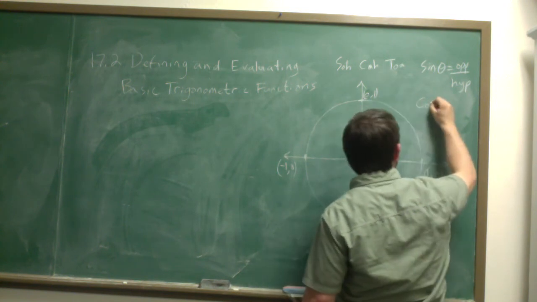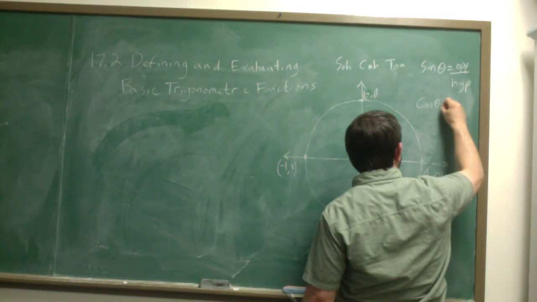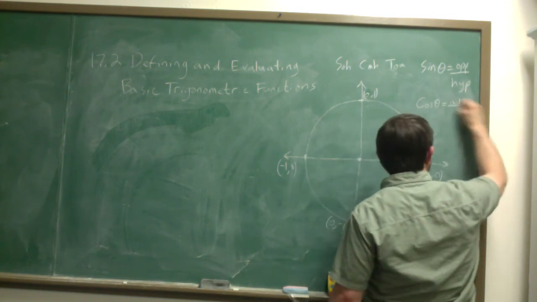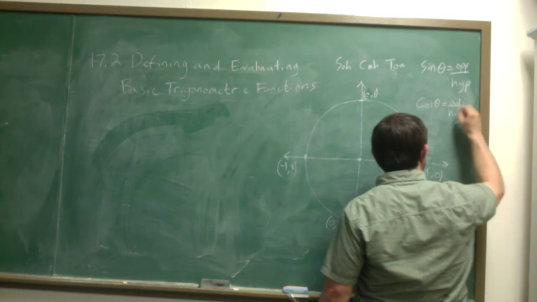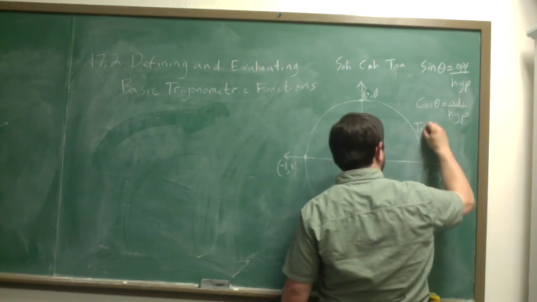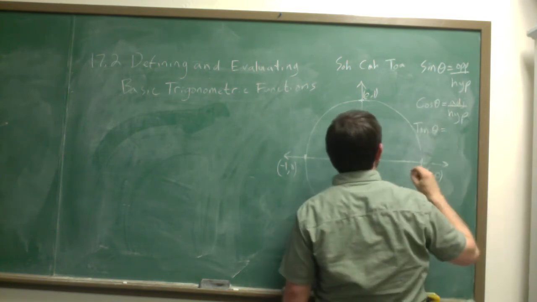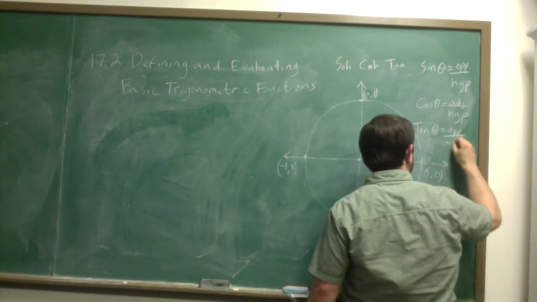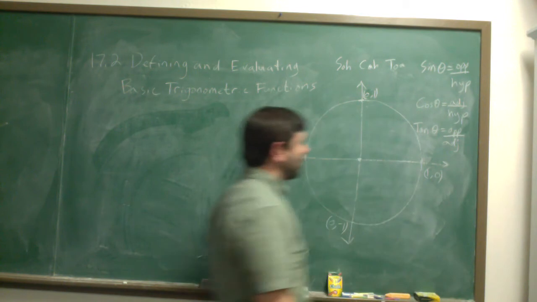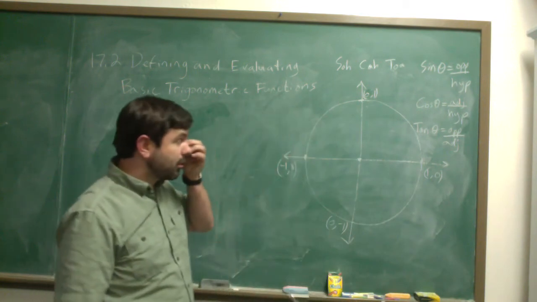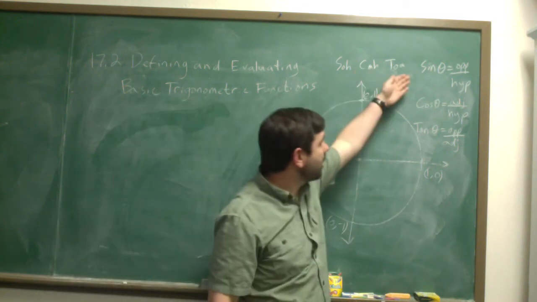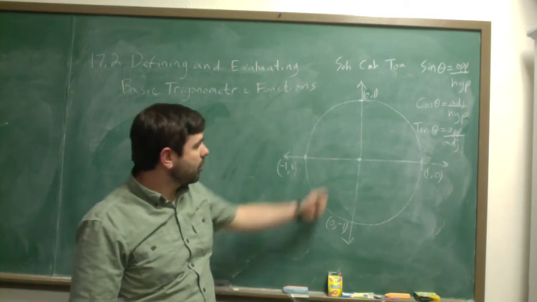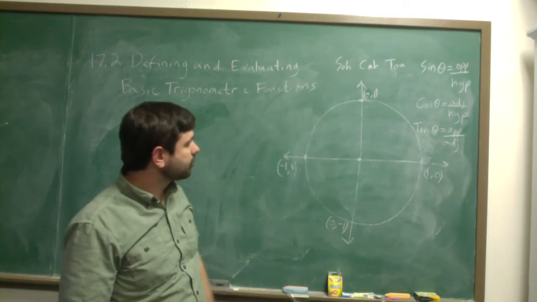CAH means cosine of our angle equals adjacent over hypotenuse, and TOA means tangent of theta equals opposite over adjacent. So this should be familiar to you from SOHCAHTOA, from geometry. The new part is the unit circle.